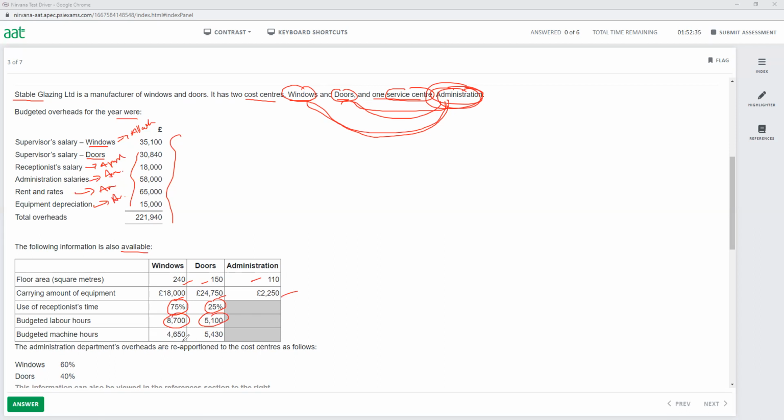Budgeted machine hours: 4,650 for window and 5,430 for door. The admin department overhead is reapportioned to the cost centers as follows. When we have the total admin department overhead, we need to reapportion it back to window and the door: 60% of the admin will go to window, 40% to the door.